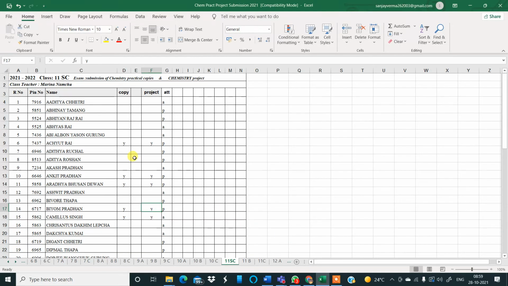So the first boy over here, roll number one, Aditya Chetri, absent. Then Abhinay Tamang, absent. Abhiyan Raj Rai, absent.